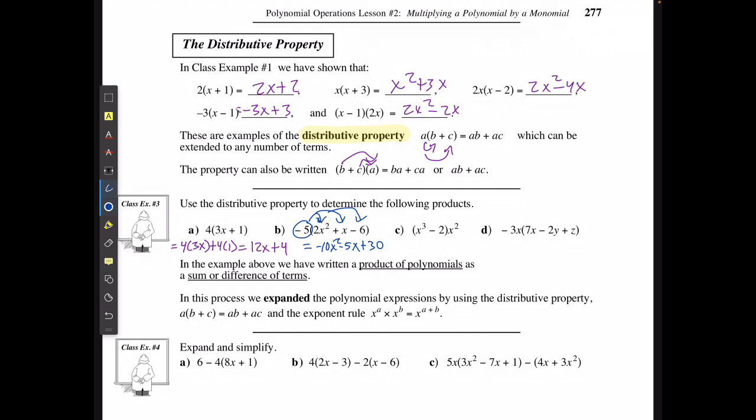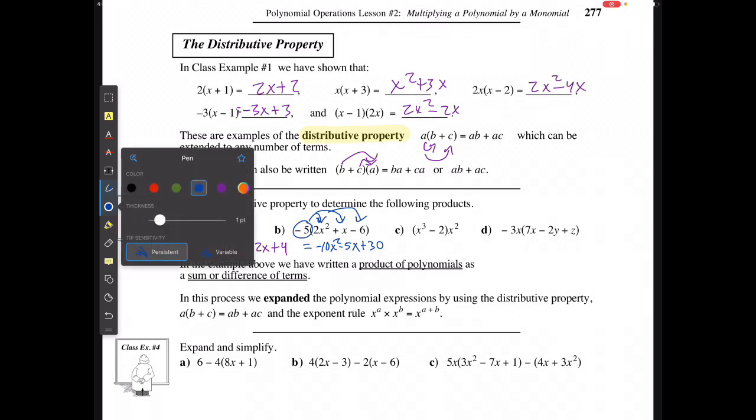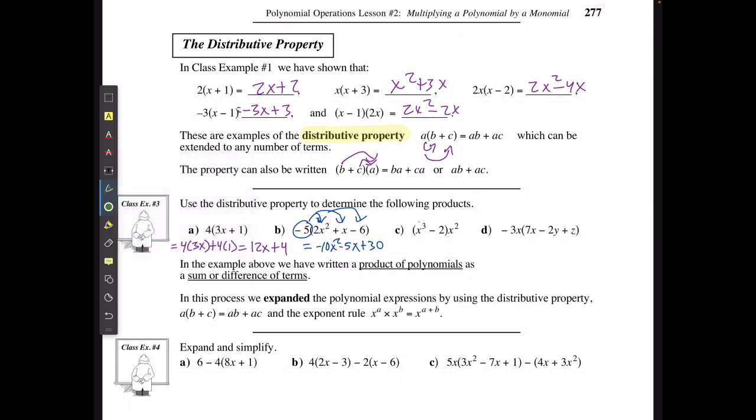If I have x to the 3 minus 2 times x squared, same idea once again. I'm going to take that x to the 3 multiplied by x squared and that negative 2 times x squared. x to the 3 and x squared are going to give me x to the 5. And negative 2 times x squared is negative 2x squared.